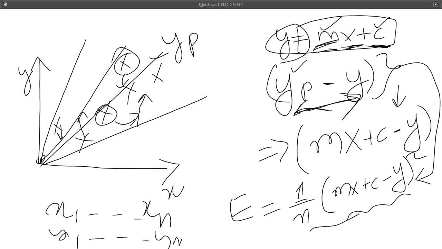We'll discuss that first. Since this is a square here, to get rid of this 2 term when we find the derivative, we'll just add a 2 here.